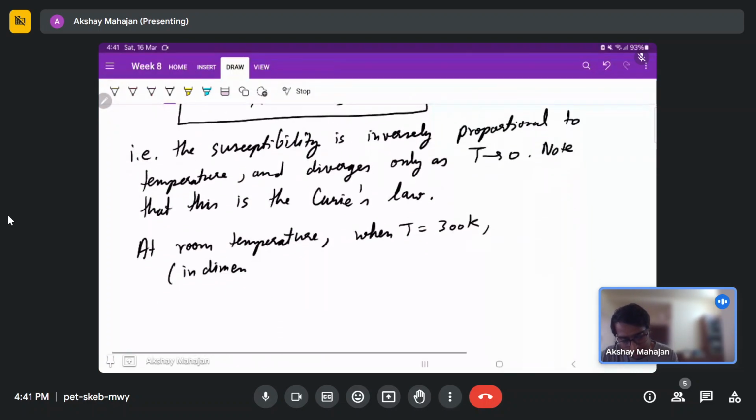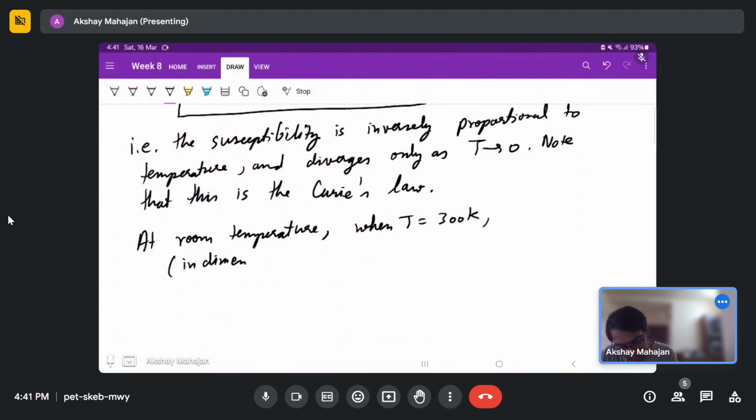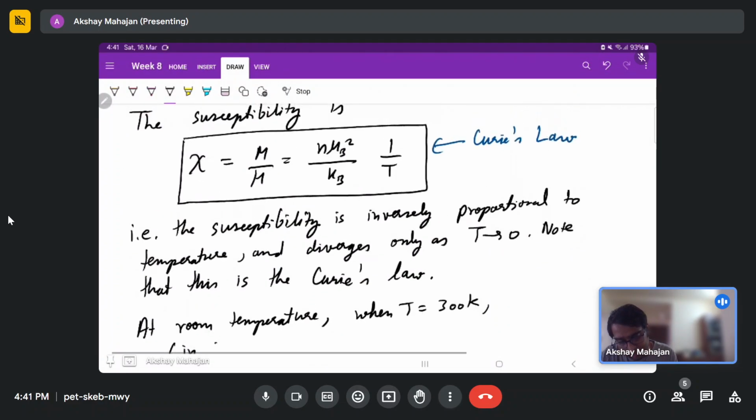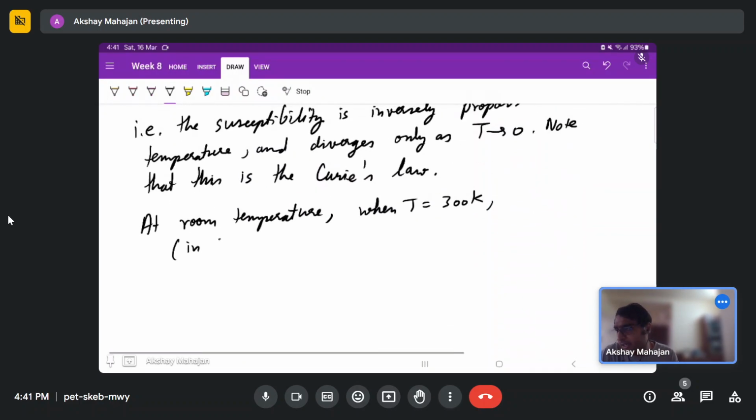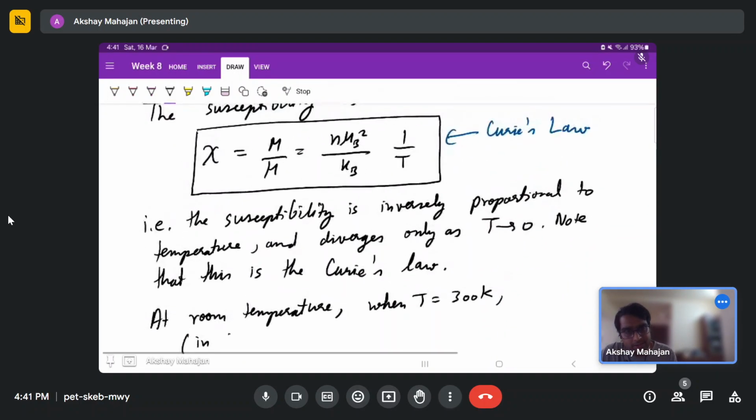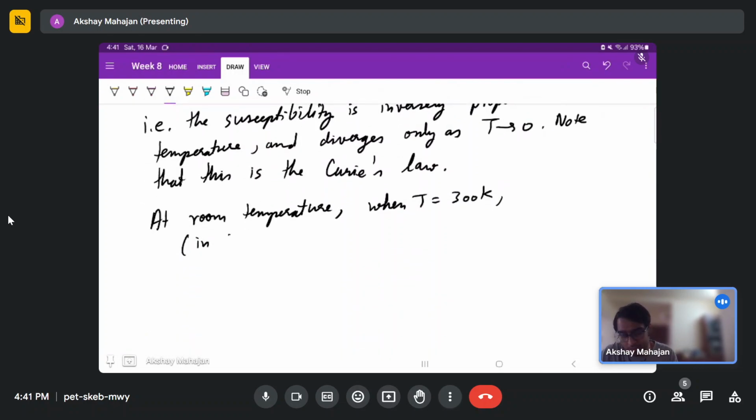Your susceptibility will have some dimension, this we discussed in the last session as well. But if you write everything in the SI units, then your susceptibility becomes dimensionless.